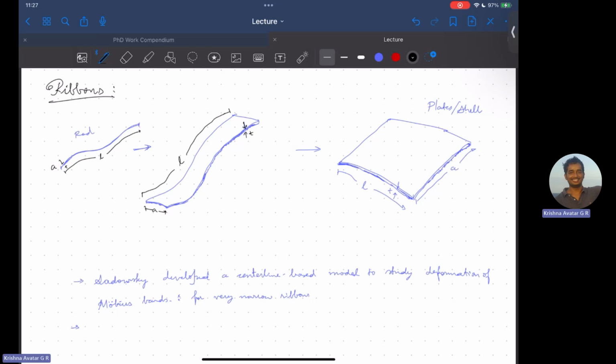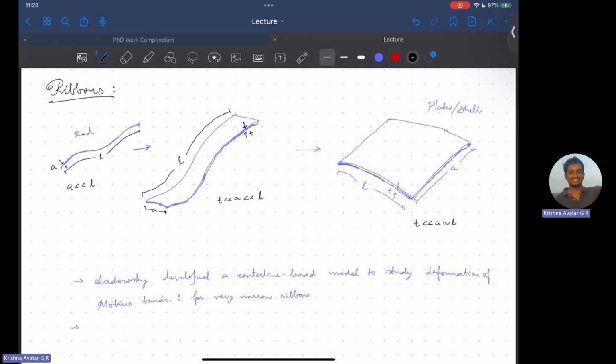So from the dimensional considerations, for a rod we have L much larger than A. For ribbons, T is much smaller than A, which is much smaller than L. And for plates, we have A comparable to L. So we see that in ribbons we have a very wide separation between the characteristic length scales.